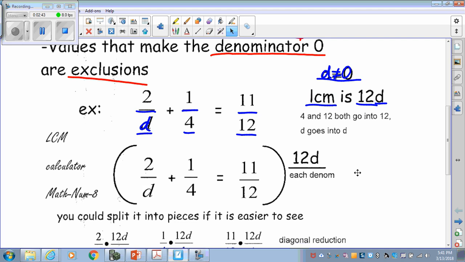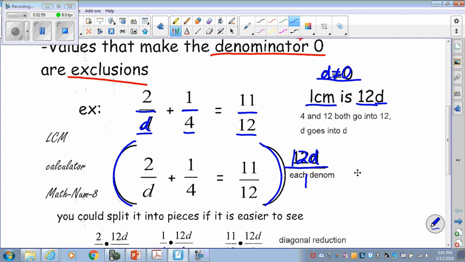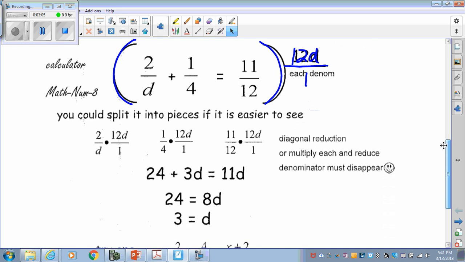So if I multiply everything through by 12d, my denominators are going to go away. And that's what I have here. The whole thing is going to be multiplied by 12d. It's easier actually if you split it up into pieces.